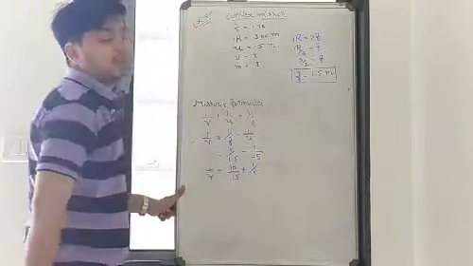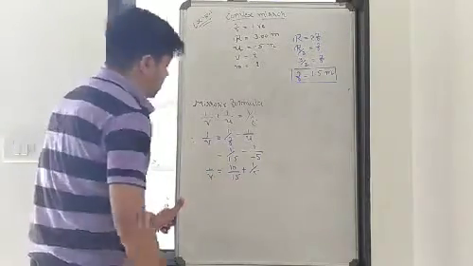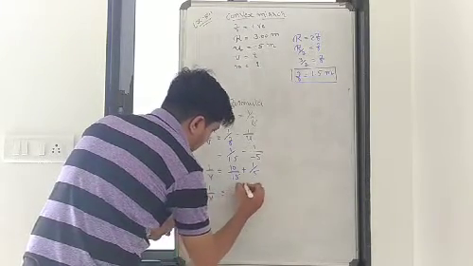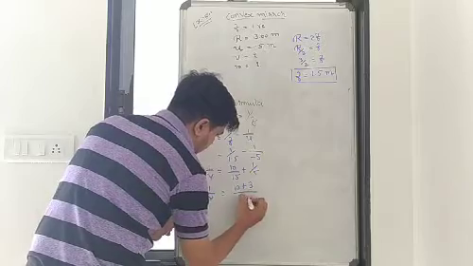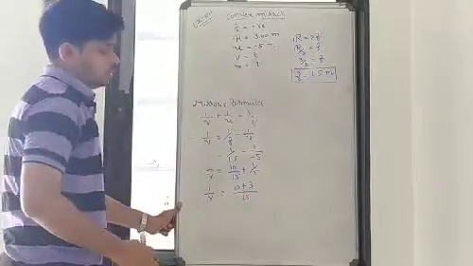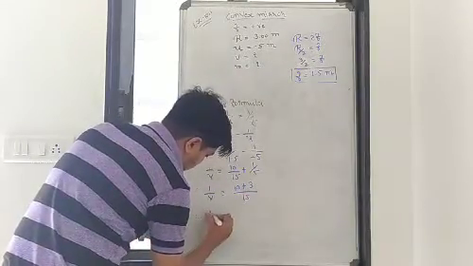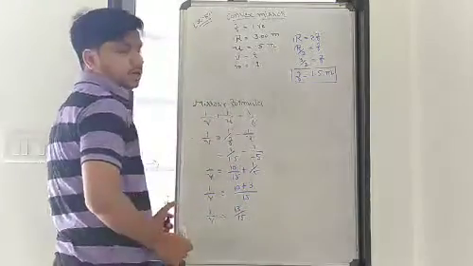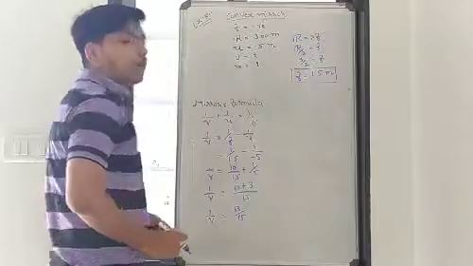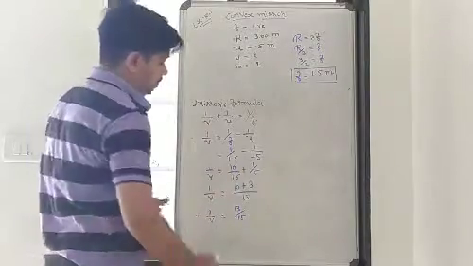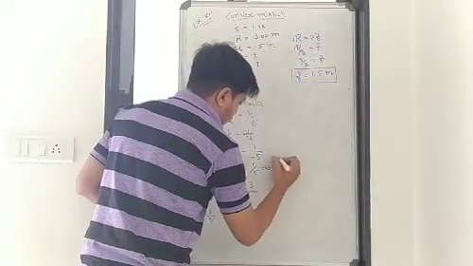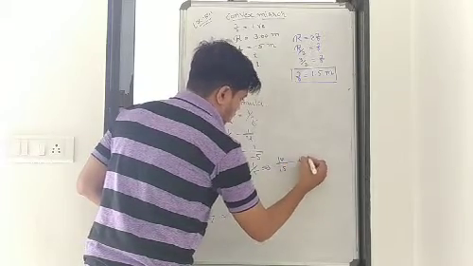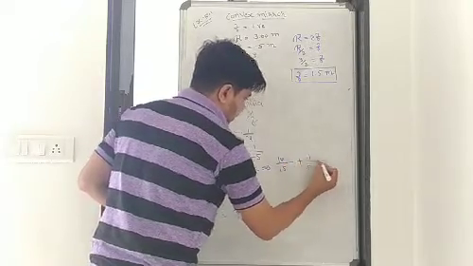You have to take the LCM of 15 and 5, which is 15. So 1 upon V is equal to 10 plus 3 upon 15. 10 plus 3 means it's 13 by 15. If you do the LCM, it is 15 plus 1 upon 5.